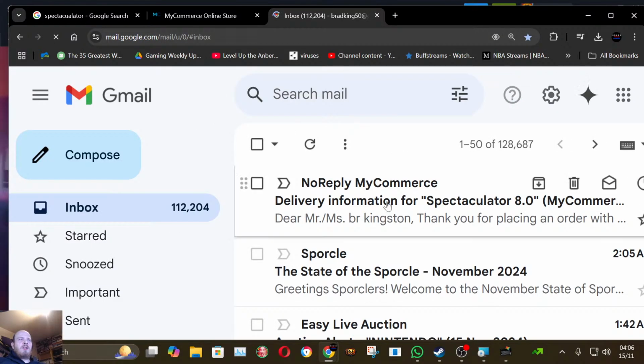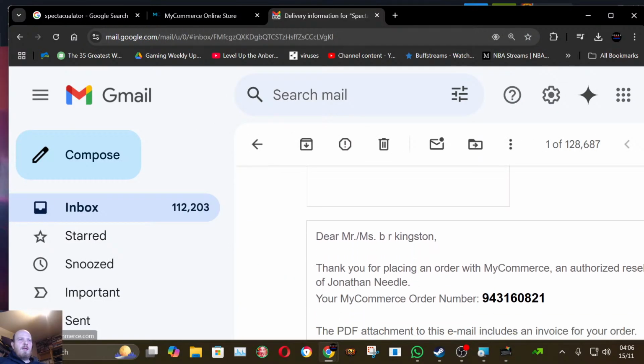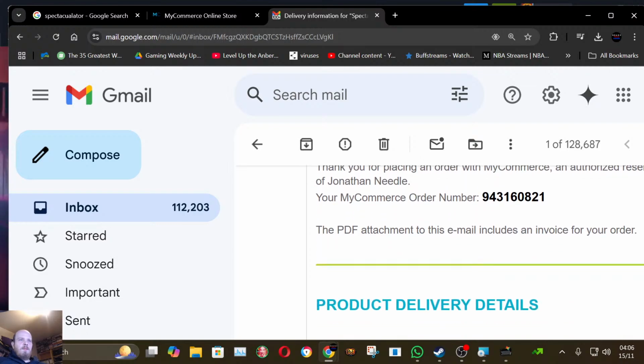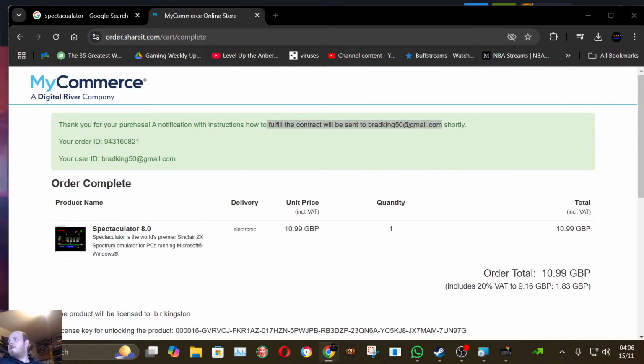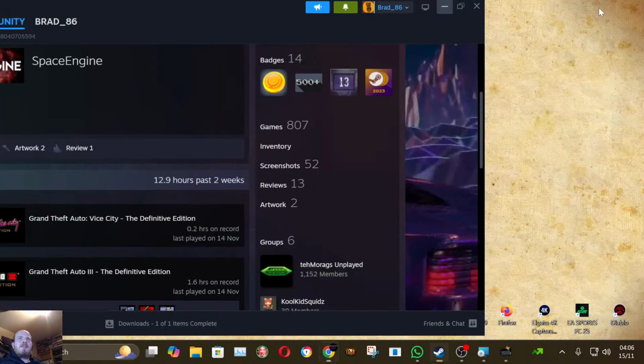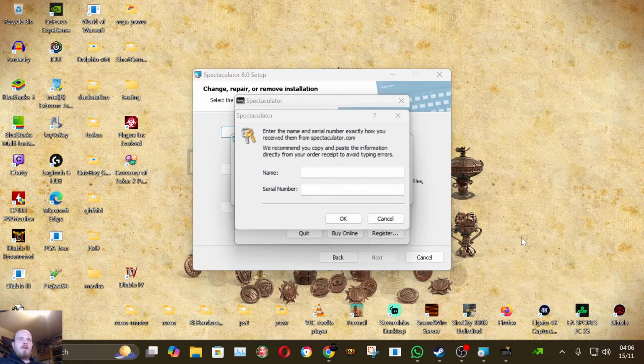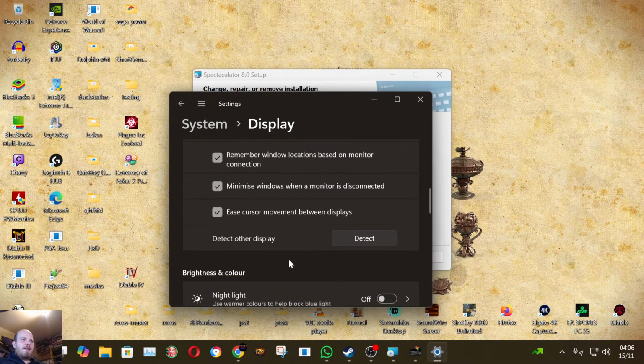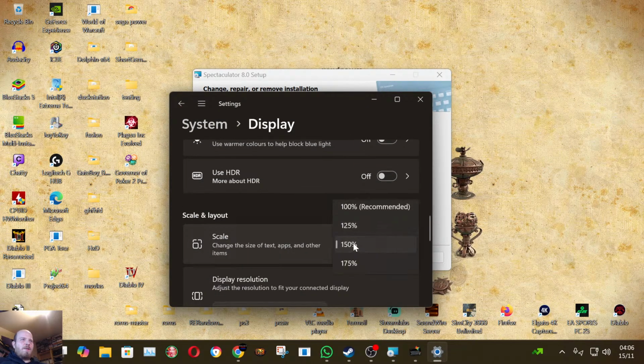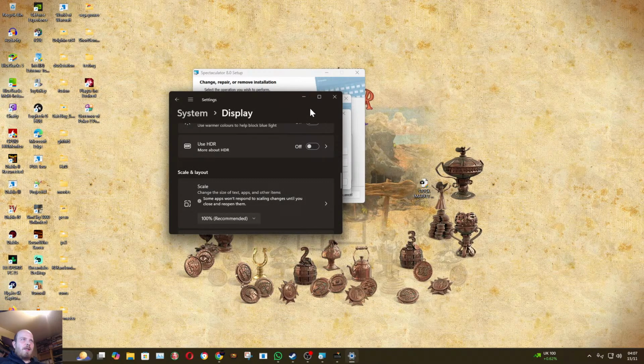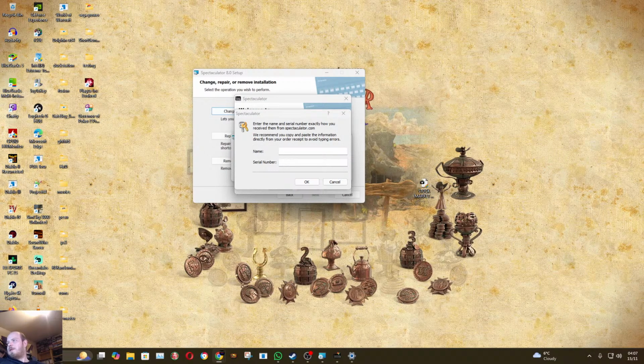This program is really good. You'll see what I mean, right? The PDF can contain your invoice. I need to change this, like, large size everything. It's really pissing me off, because I have it on 150% and it's really annoying. Right, okay. Right, my license key is this. So, Brad.